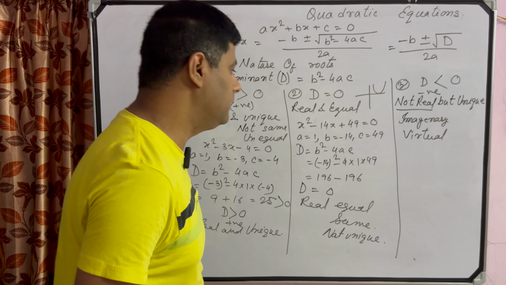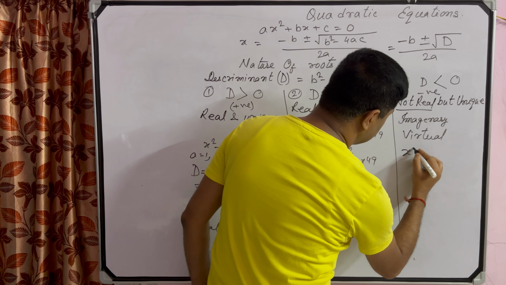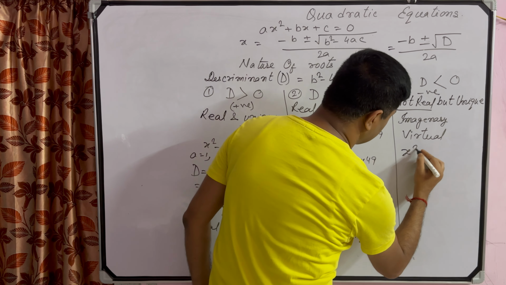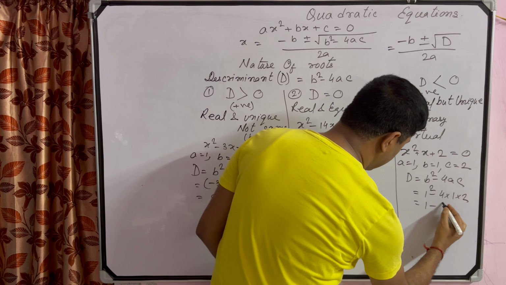Let's take an example. Suppose I'm writing x square plus x plus 2 equals 0. Here a equals 1, b equals 1, c equals 2. So D equals b square minus 4ac. So it will be 1 square minus 4 into 1 into 2. So it will be 1 minus 8.